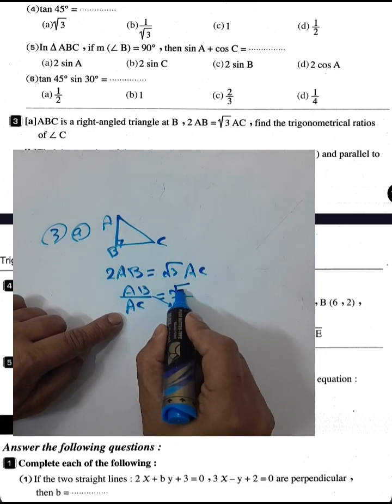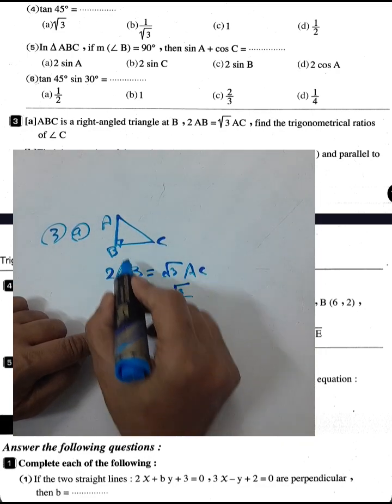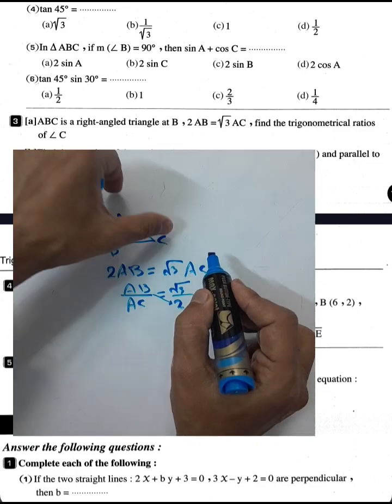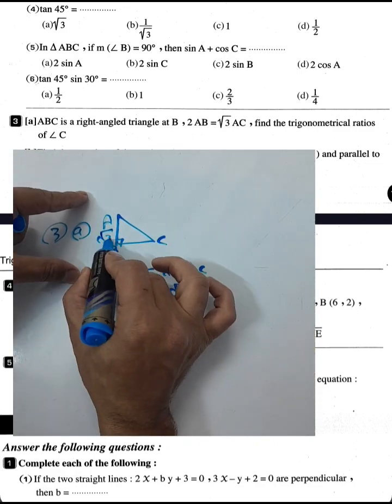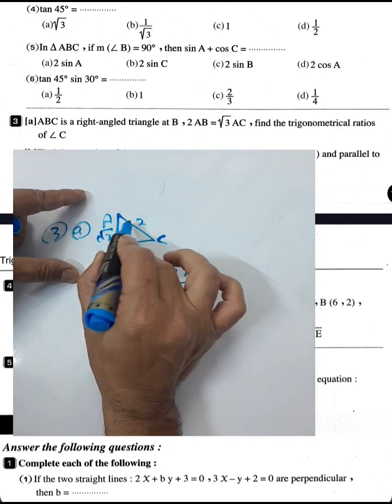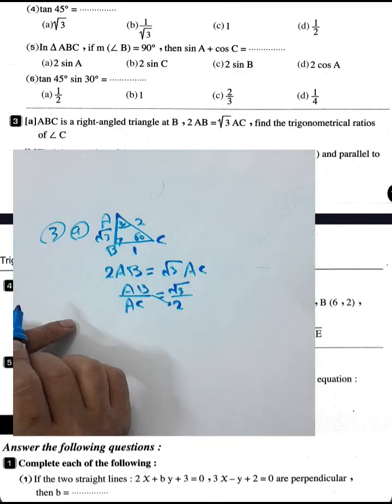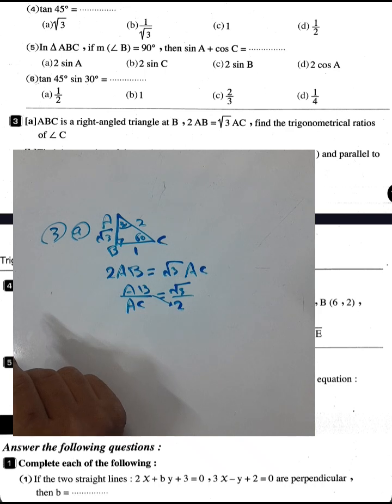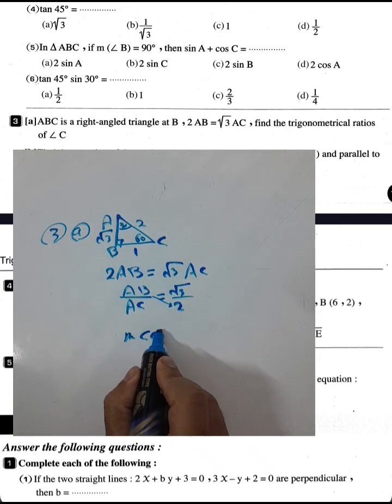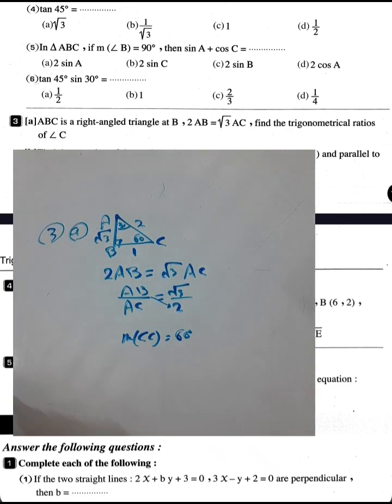AC root 3, then the ratio between AB and AC is root 3 to 2, then write here 1. Then this will be 30 because 1 is half of 2. This angle will be 60. Then he wants to find the measure of angle C, it will be 60 degrees.